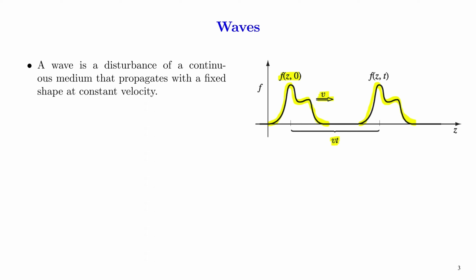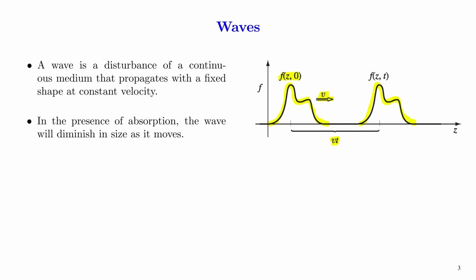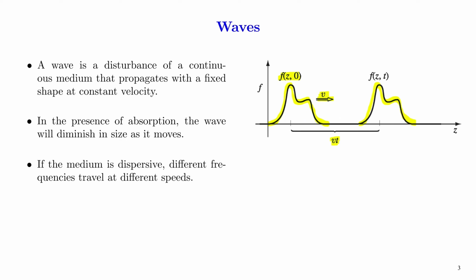All waves except electromagnetic waves, on which we will learn a little bit later, need a material medium for their propagation. If the media is characterized by a finite absorption coefficient, then the amplitude of the wave will diminish in size as the wave propagates through the media. And now, if the medium is dispersive, different frequencies will travel at different speeds.